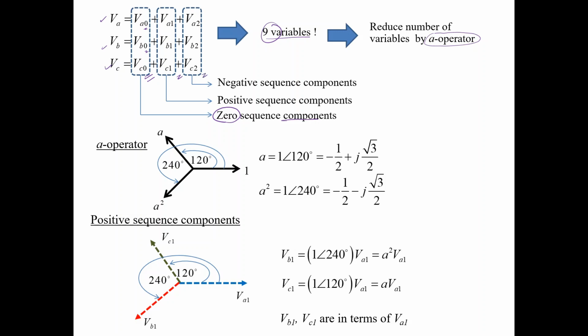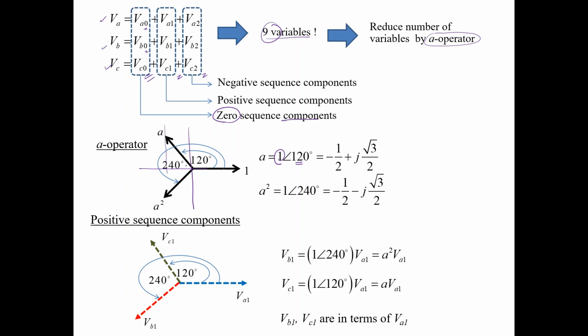Now if we define the A operator, it is like a unit vector with the angle displacement of 120 degrees. We define A as the unit vector of magnitude 1 with the angle 120. Everybody knows that A can be expressed in rectangular coordinates as negative a half plus j square root 3 divided by 2.